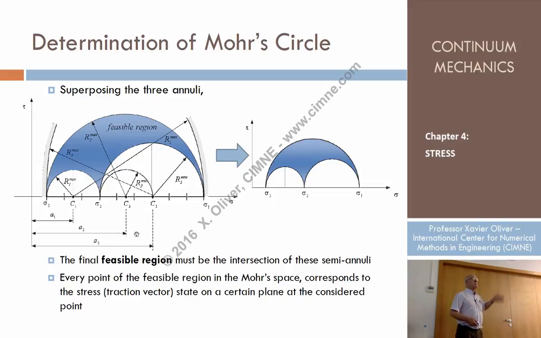I obtain the three principal stresses, and I obtain the representative points in the Mohr's plane, and then I obtain the three circles, and all points in all other planes, the representative points in the Mohr's plane, should stay in that region. There is no possibility for any point staying here and for any point staying here. Do you agree?